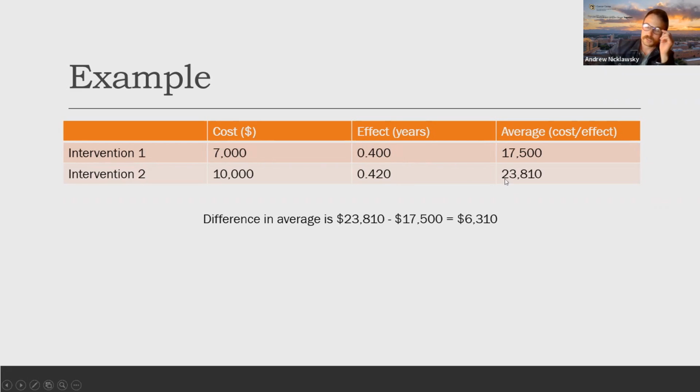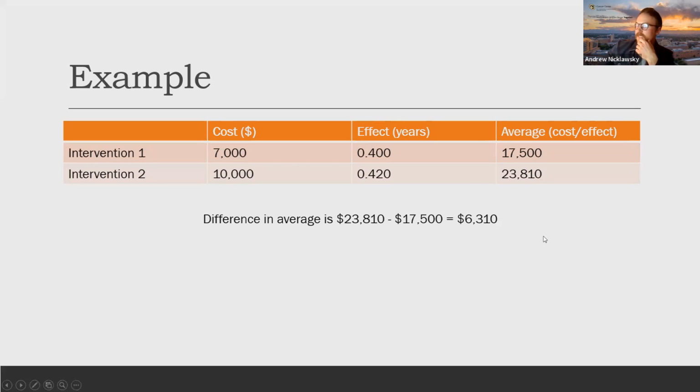If we just strictly took the average, the cost over the effect, we get $17,500 for intervention 1 and $23,810 for intervention 2. Naively, if we just consider the difference in averages, we see that it's 6,310.